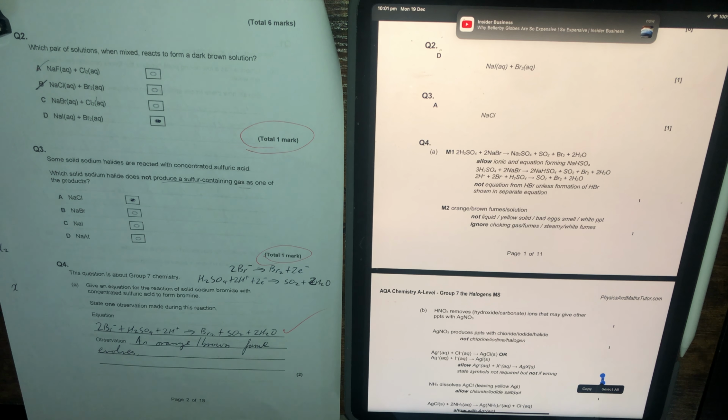So 3A is correct. 3B was silver nitrate plus NaCl goes to form AgCl plus sodium nitrate. Yes. And the correct state symbols.